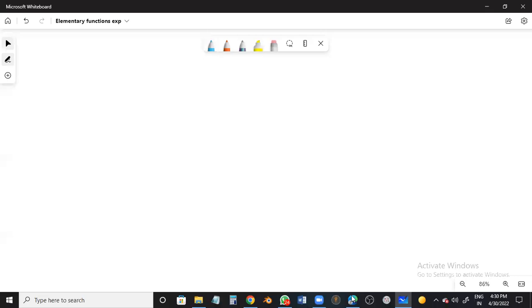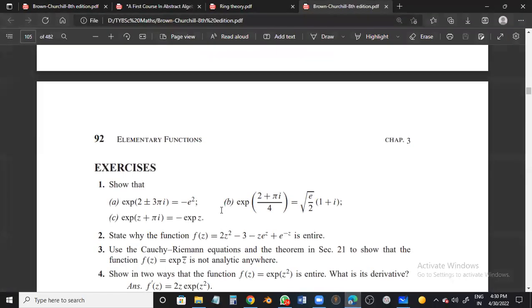So now again I would like to go back to the exercises, and the question is, state why the function f of z equal to 2z square minus 3 minus z times e raised to z plus e raised to minus z is entire. Can you solve this question?